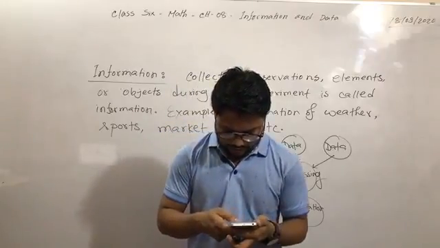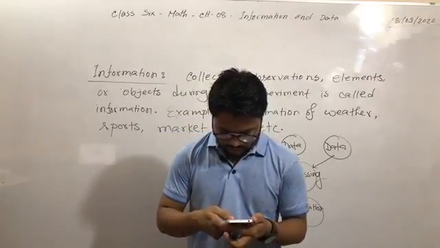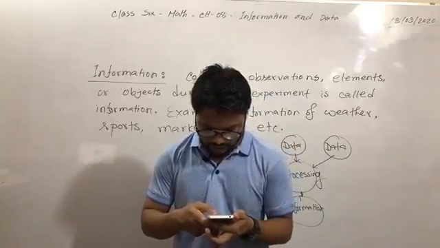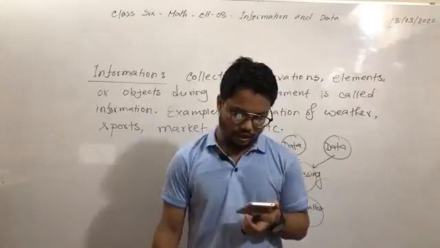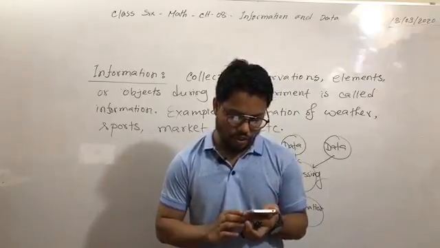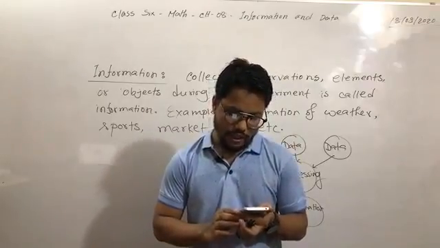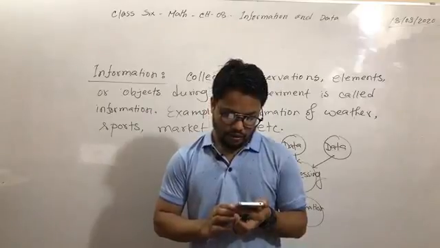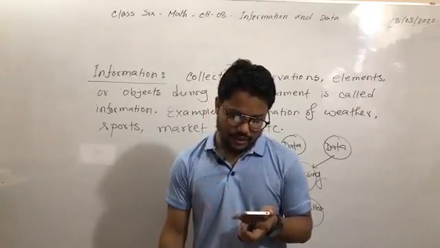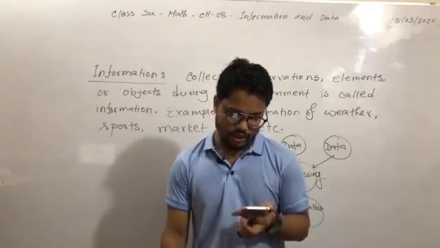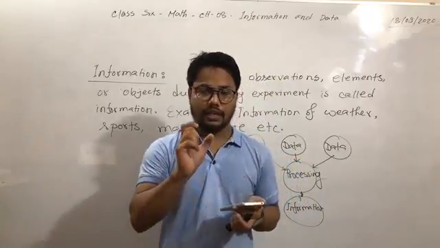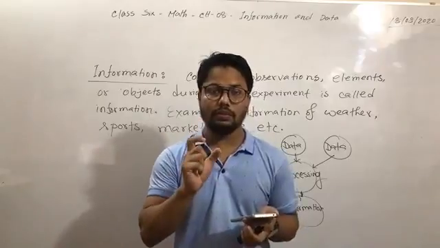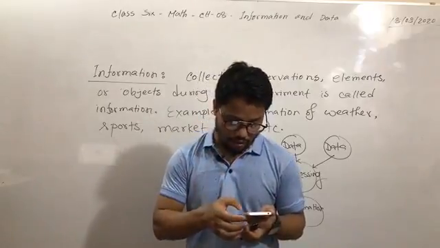Already 11 students have seen the key difference between them. Data is a raw, unorganized fact that is required to be processed to make it meaningful, whereas information is a set of data that is processed in a meaningful way according to the given requirement. So this is one of the most important definitions and differences between them.